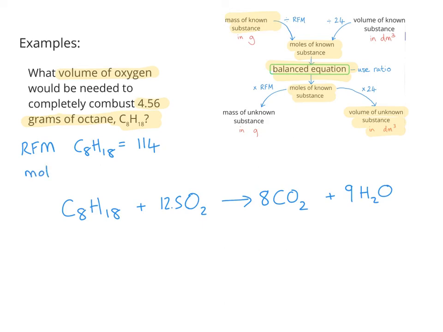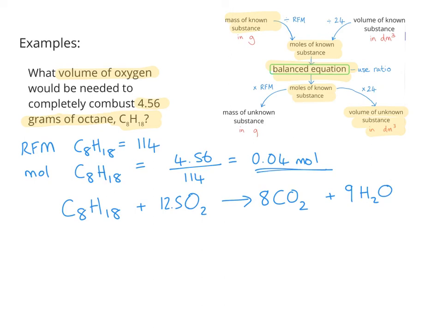So I can now work out my moles, because my mass is already in grams, so I don't need to do any conversions. My moles of octane is going to be the mass that I've got, 4.56, divided by the mass of 1 mole, 114, and that's going to give me a very neat 0.04 moles, a bit tidier than the last time. Okay, so that's my moles of octane.